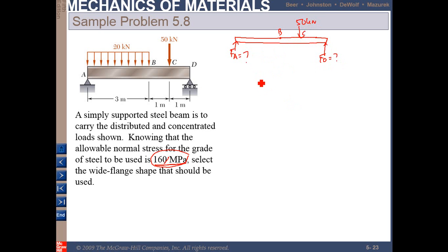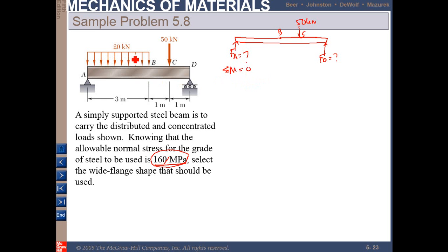So like usual, we have to sum all forces in the y direction and also the moment. They should all equal 0.